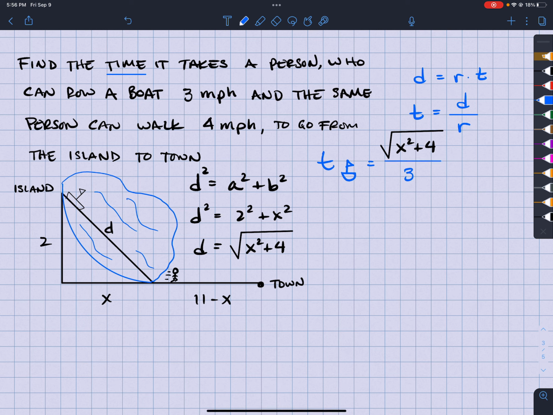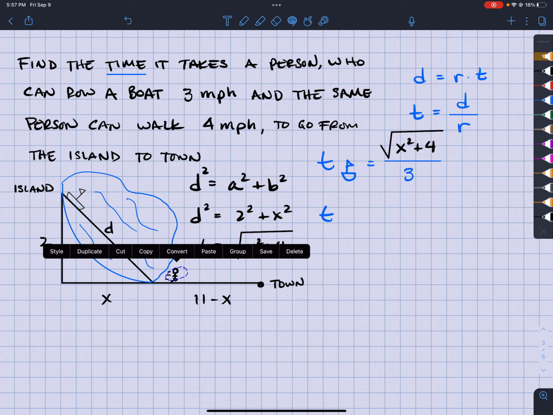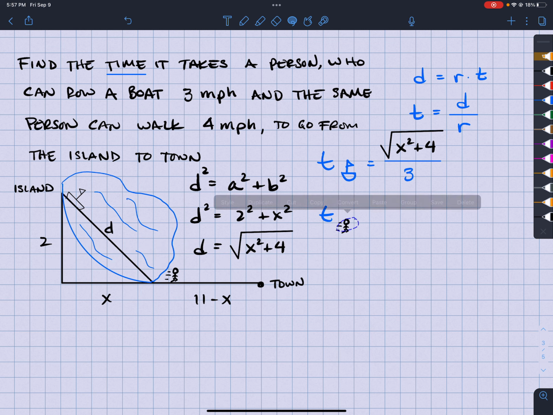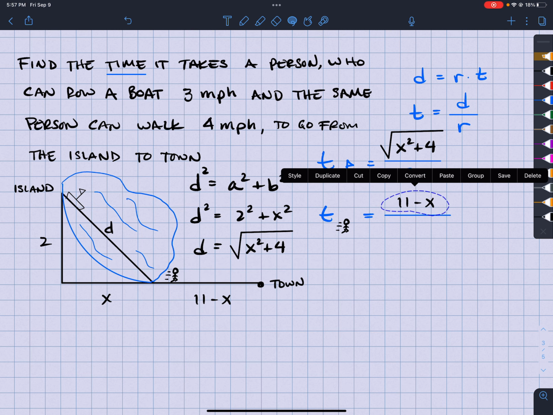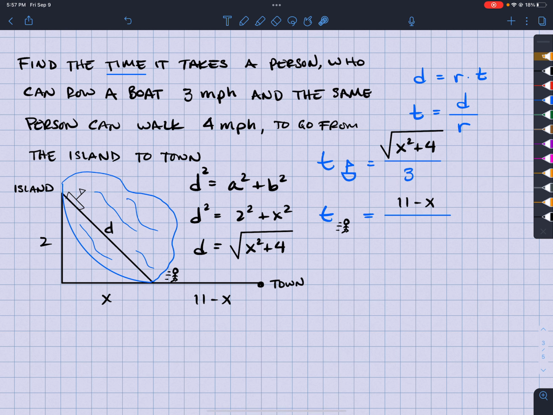Okay. Then I have this walk right here, so that means I need the time for my walk, right? What distance am I walking? I'm walking this distance here, x minus 11. And how fast am I walking this? I'm walking this at 4 miles an hour.